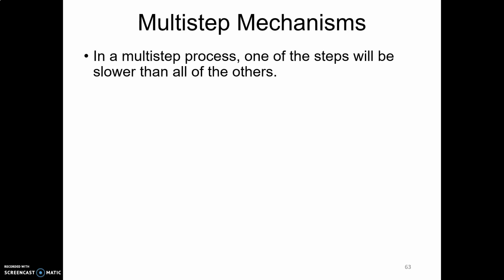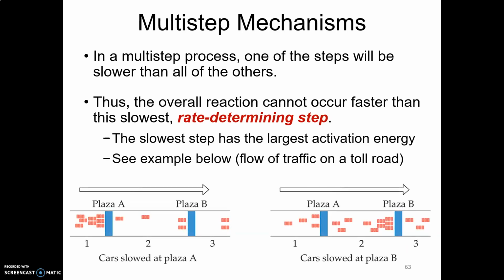I know when I did group work when I was younger, I would get frustrated because I always felt like one member of our group just held us back. They either didn't do what they were supposed to do or were just super slow, right? It's the same thing with chemical reactions. There's always going to be a slow step. And we call the slow step the rate determining step because the slow step is what's holding you up, right?